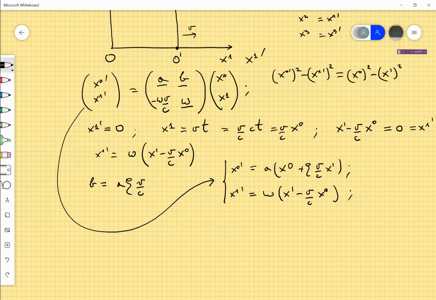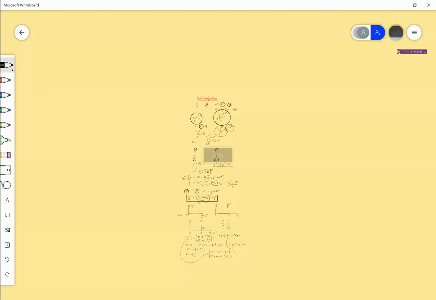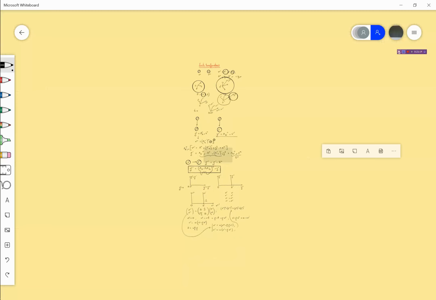Now we plug these two relations into the equation that tells us that the interval is invariant.